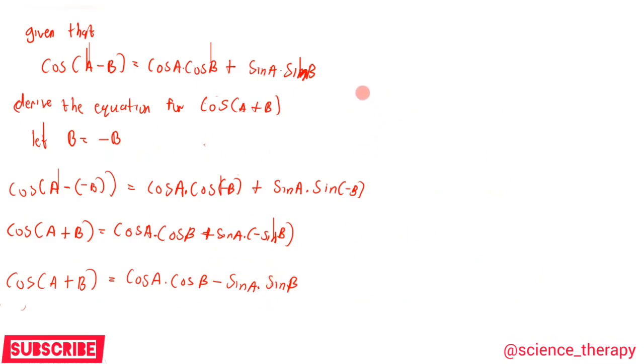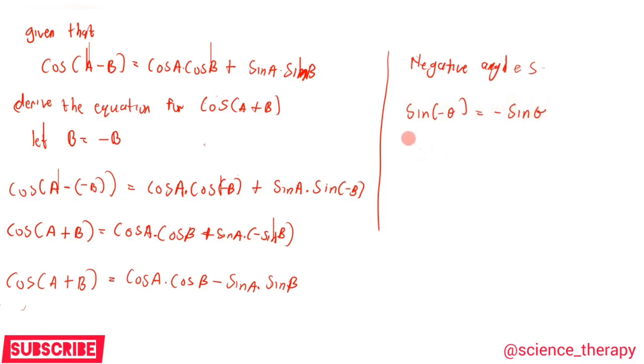Now you can note this, the negative angles. So know your negative angles. We said sine of a negative angle will always come out as negative sine theta. And cos of a negative angle is the only trig ratio that comes out as a positive.